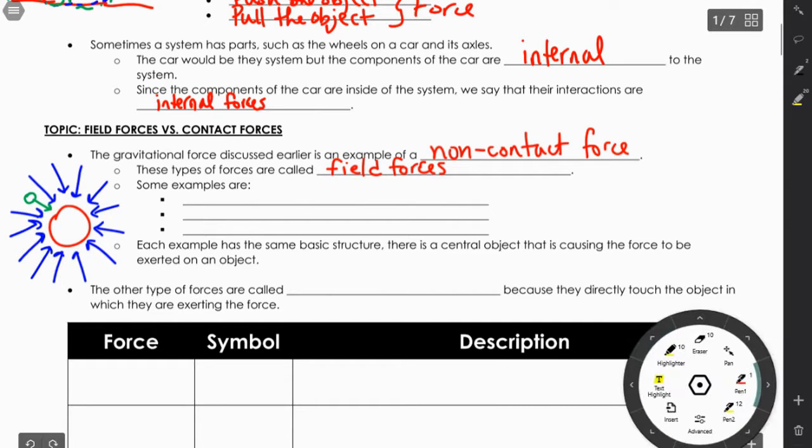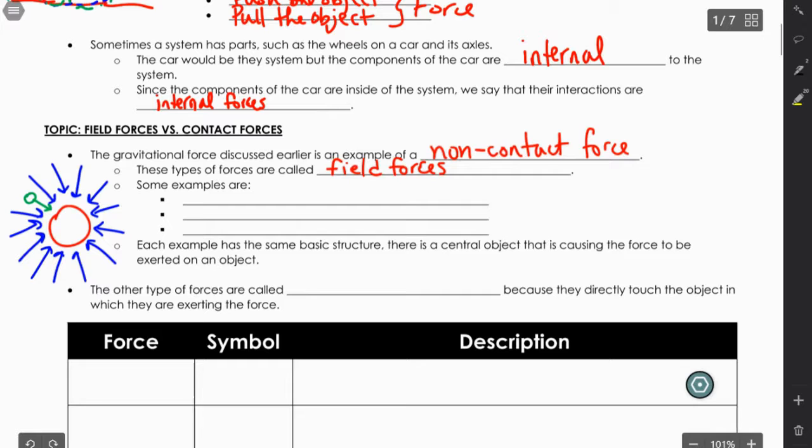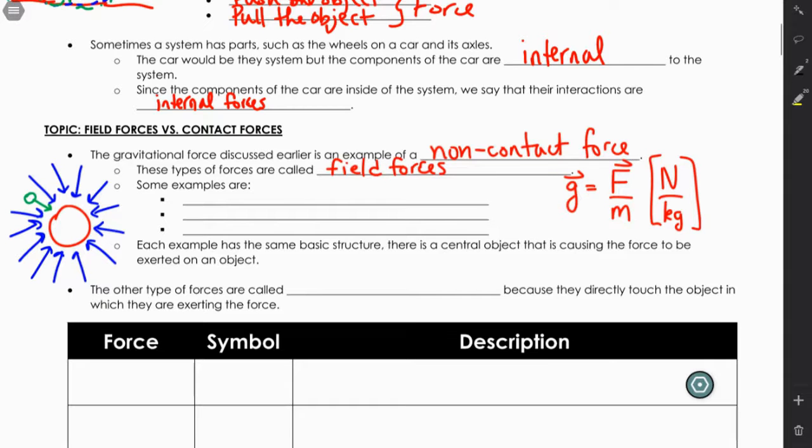There's a field strength at any point. When we say acceleration due to gravity, that gives us our field strength. You'll see this formula pop up later, where the gravitational field is measured in newtons per kilogram. That's just another way to say it's this many newtons per kilogram of the object.